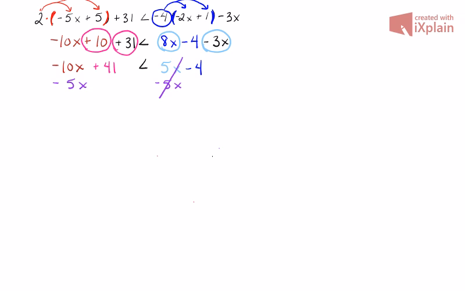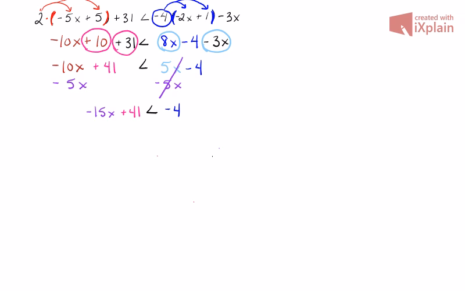What I'm actually doing is eliminating it so that the x value only exists on the left-hand side. So in this case, if we eliminate a 5x from both sides, I now have a negative 15x plus 41 is less than negative 4.